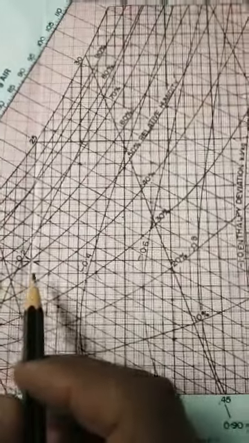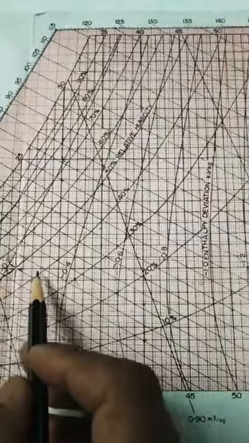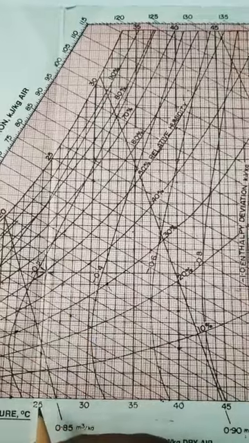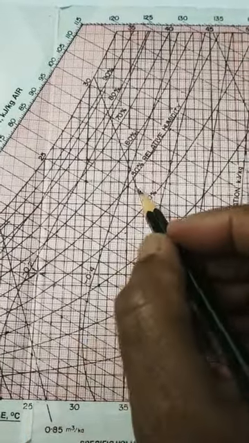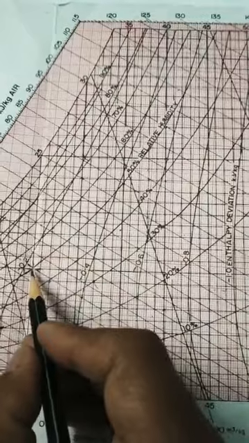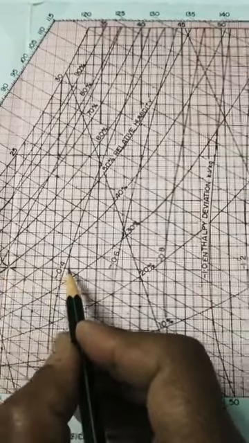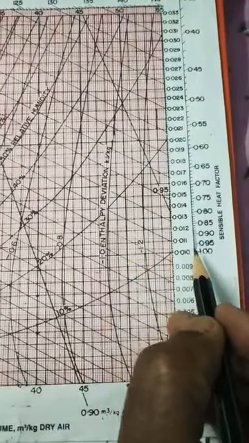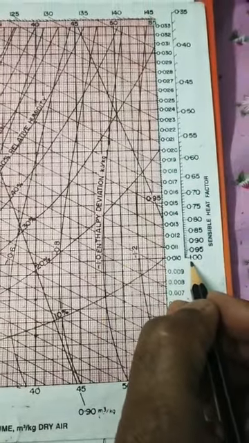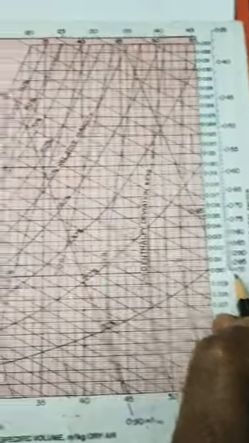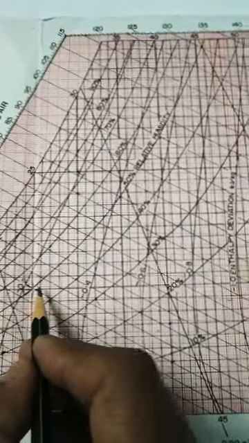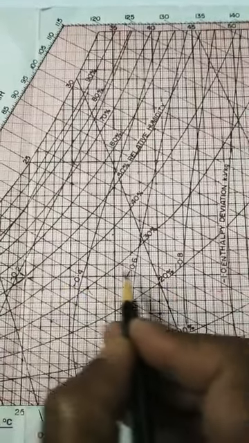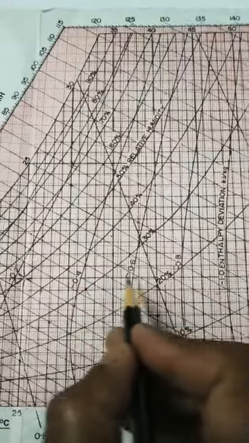If you take this as the room design condition, 25 degrees centigrade dry bulb temperature and 50% RH, then from this point, if you draw a horizontal line at constant humidity, without change in humidity, without load of humidity, then the sensible heat factor is equal to 1.0. This means that this horizontal line will represent room sensible heat factor 1.